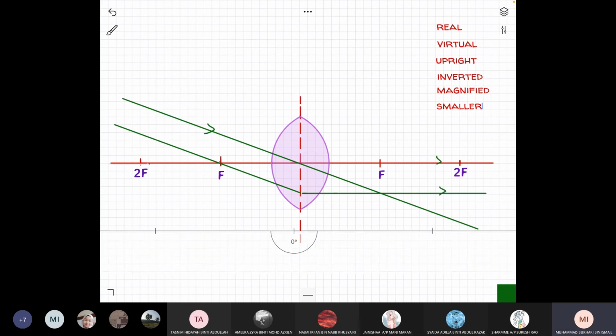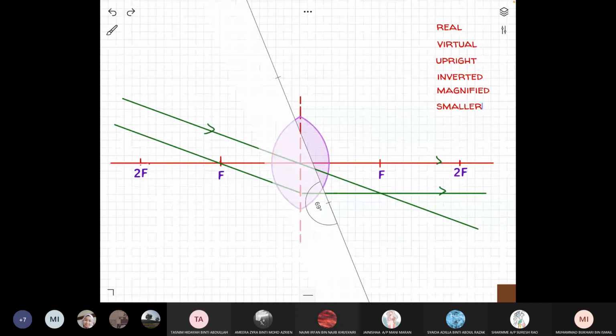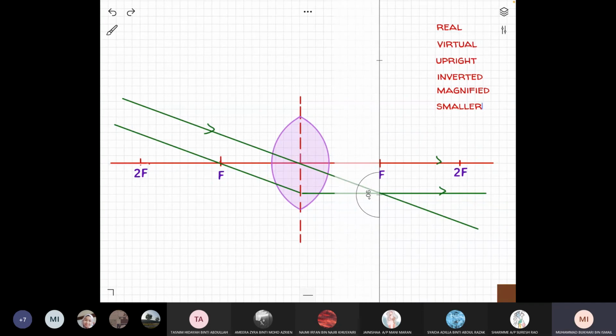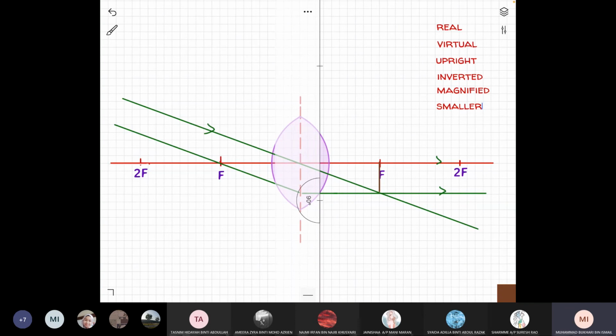So what happens is we have an intersection over here. From there you can draw another line, which is actually the image of the object from infinity. So you can draw a line here and draw it as an arrow.